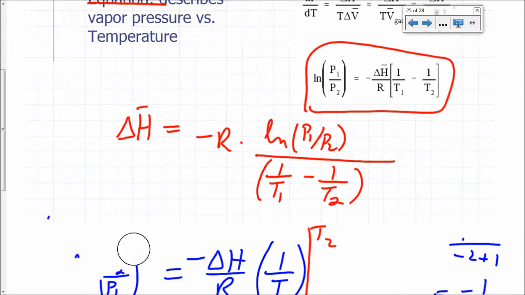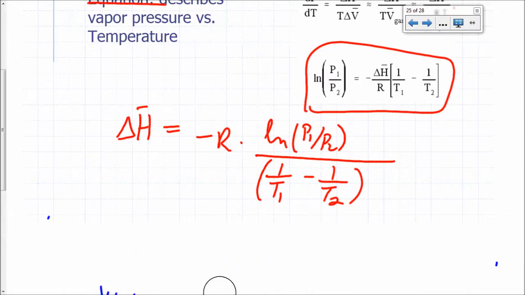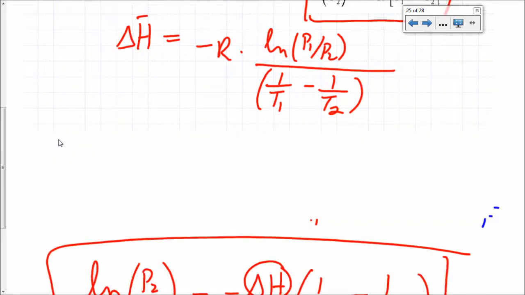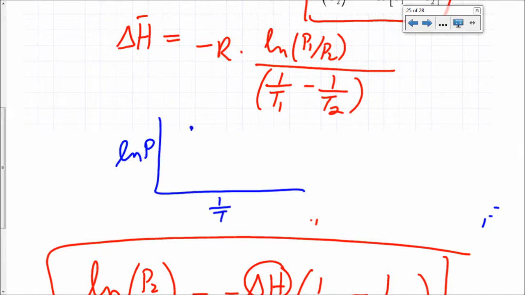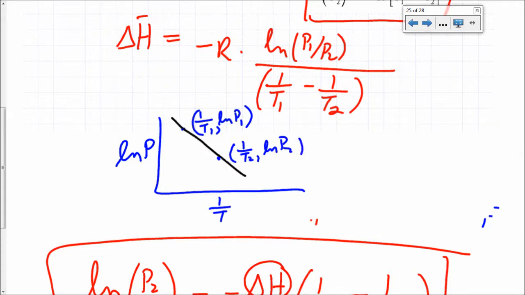Now, graphically, what does that look like? If you were to plot natural log of P versus 1 over T, so this is 1 over T1, ln P1, and this other point right here is 1 over T2, ln of P2, then what we did here is just calculate the slope of that graph.